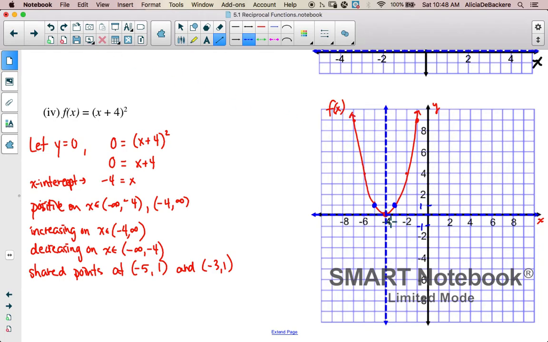But in this case, I'm always above. And remember, our properties tell me that if I started above, your new graph will also be above. And that's what happens here. I end up with both sections of my reciprocal graph above the x-axis.